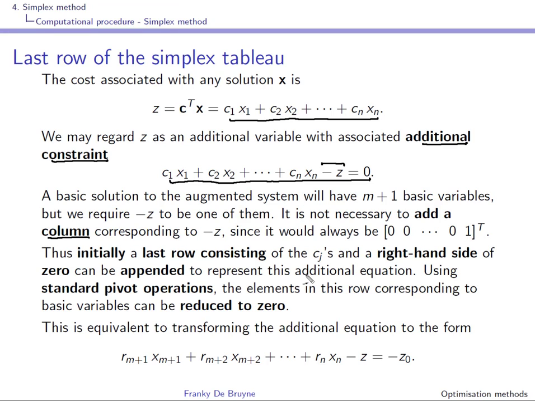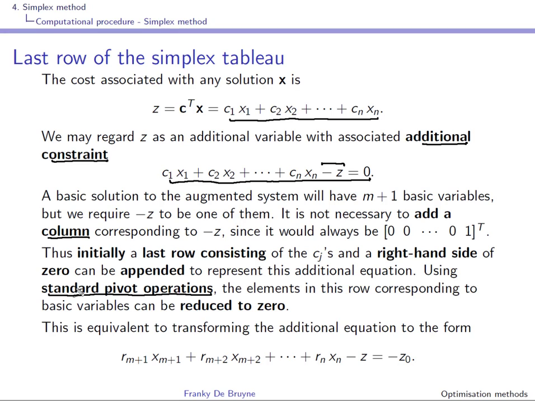And then we'll have a simplex tableau that is not in canonical form, because below the pivots we have these C1, C2 up to Cn, and what we can do is use standard pivot operations to bring zeros below the pivots.